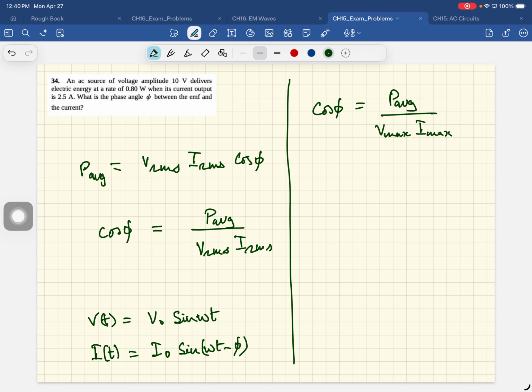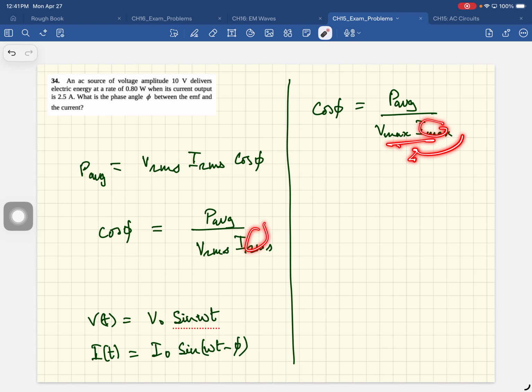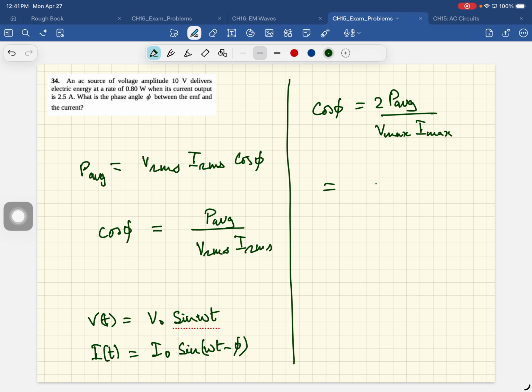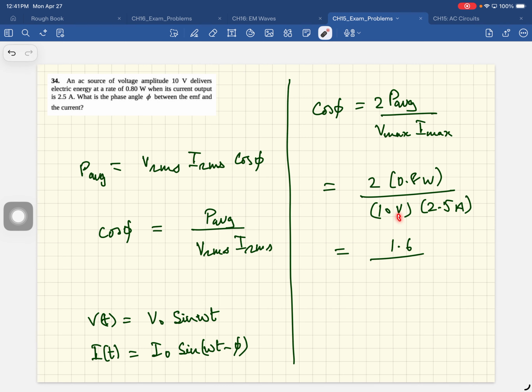RMS values are Vmax over root 2, Imax over root 2, so you get 2 over here, and that 2 comes over to the top. So 2 times 0.8 watts divided by 10 volts times 2.5 amps. And volts times amps is watts, and that watts cancels with that.